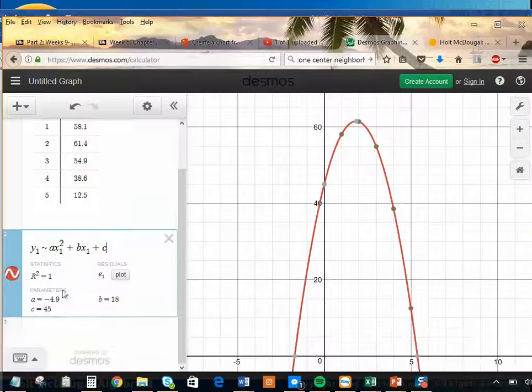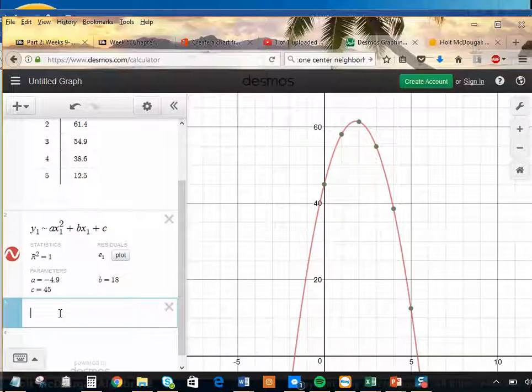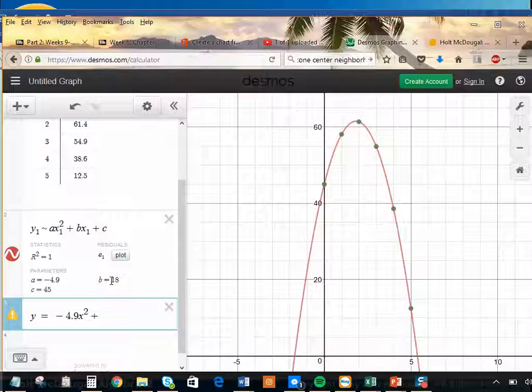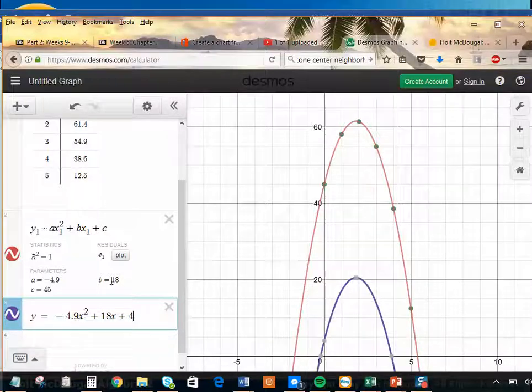So let's hide this keypad. We can see that r squared is 1 exactly. So this is definitely a quadratic function. To write your quadratic function for your answer, you're going to type y equals, and then instead of a times x squared, you're going to type in what Desmos got for a, which is negative 4.9 x squared, and then plus 18x, and then c is plus 45.